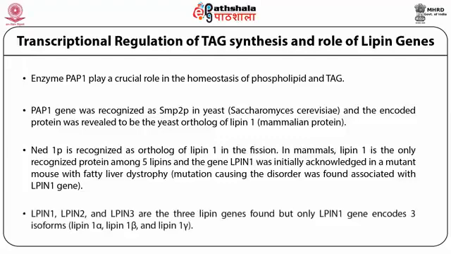LPIN1, LPIN2 and LPIN3 are the 3 lipin genes found, but only lipin 1 gene encodes 3 isoforms, and these isoforms were lipin 1 alpha, lipin 1 beta and lipin 1 gamma through alternative splicing.